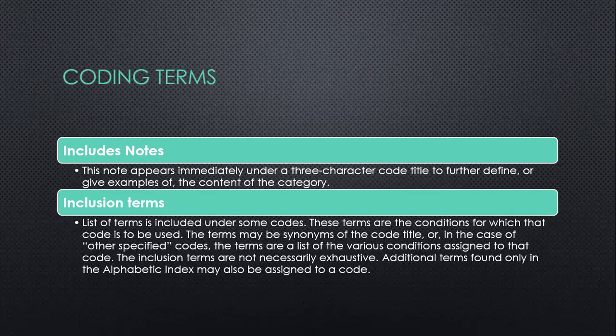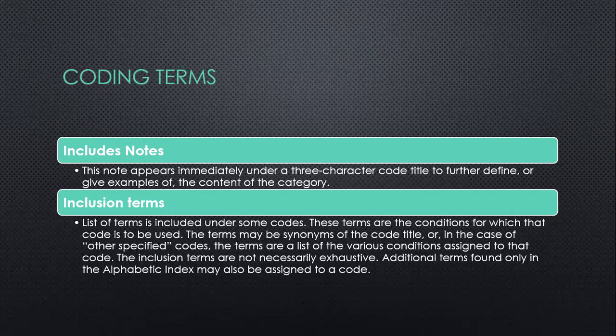Also discussing inclusion terms: the list of terms that is included in some codes. These terms are the conditions for which that code is to be used. The terms may be synonyms of another code title, or in the case of other specified codes, the terms are a list of the various conditions assigned to that code.